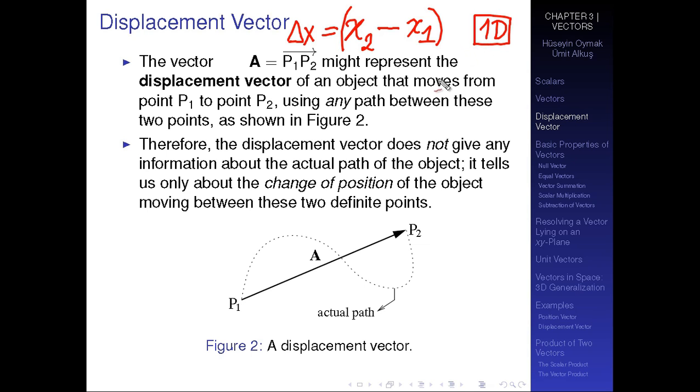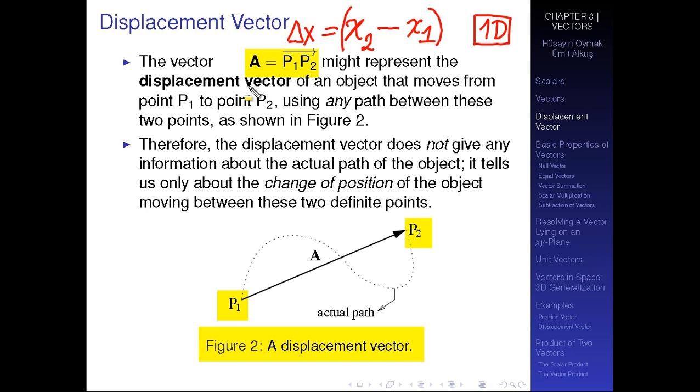A similar discussion holds here. Suppose that an object moves from a point P1 to point P2. Then the vector whose tail is at point P1 and the head is at point P2 is called the displacement vector.